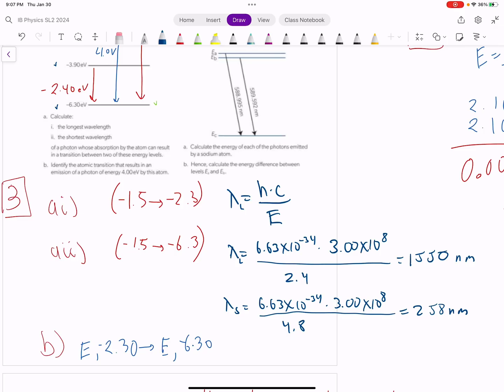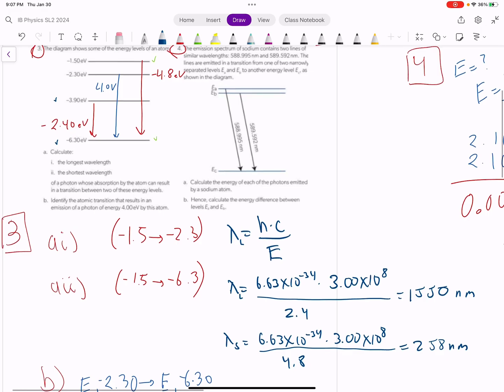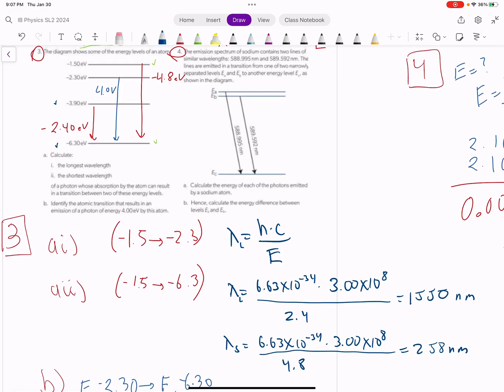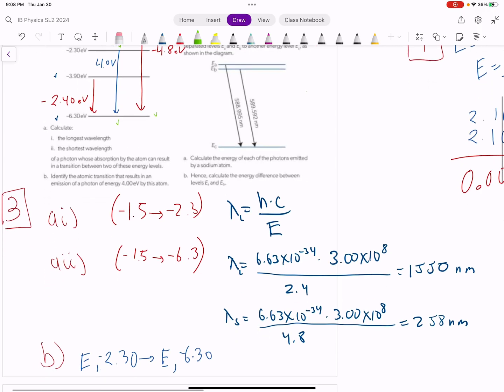Okay. When we look at all the possibilities here, only one of them has a difference of 4. The difference of 4 would be here to here. You can identify this transition by just saying negative 2.3 to negative 6.3.